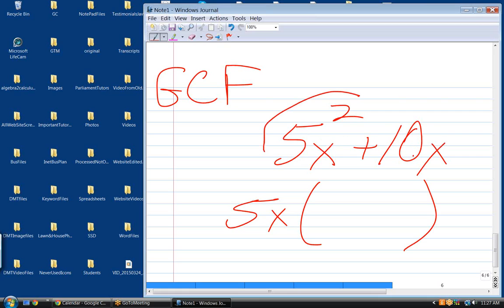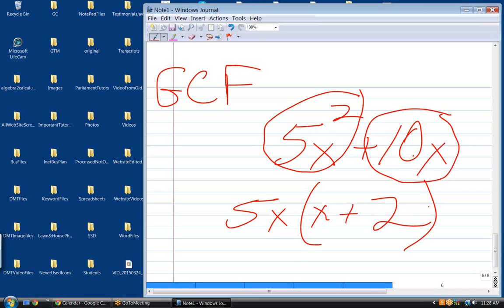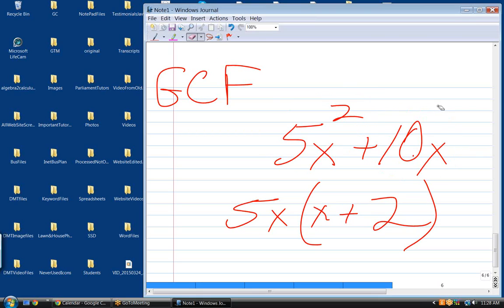So I can divide that term by 5x, and I'm left with just x. And I can divide this term by 5x, and I'm left with 2. So when you're searching for greatest common factor, it means exactly what it says. You need to find the greatest number. 5 is a factor, but it wasn't the greatest common factor. The greatest common factor is 5 and x.